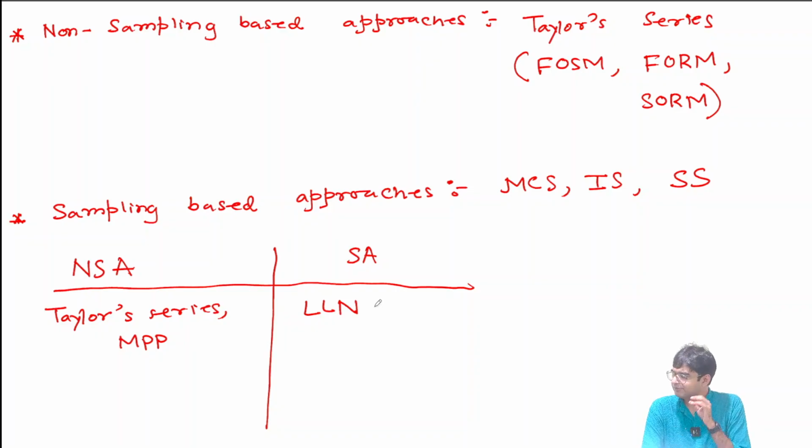Let us go one step ahead. Out of these two, which do you think is faster? You have not yet coded sampling based approaches, but in general, which method do you think will be faster? Depends on number of design points.